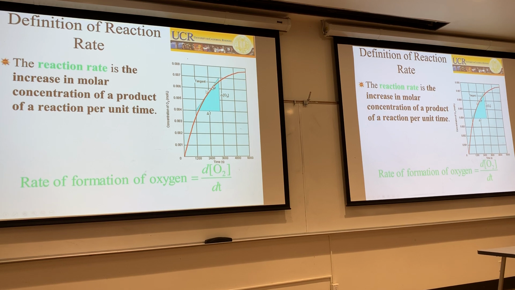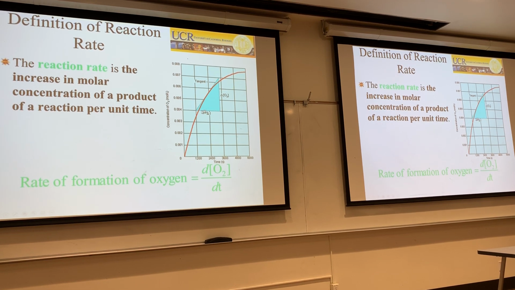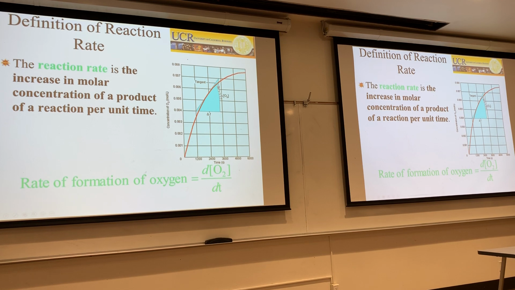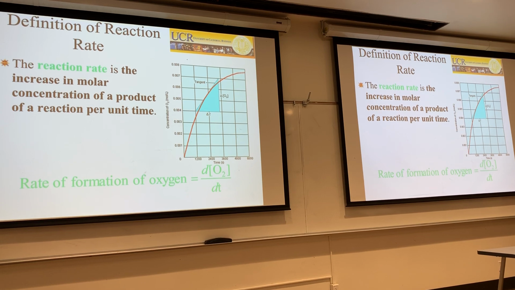I can look at the slope mathematically by taking the first derivative, or I can look at the slope practically by measuring, over a certain time span, how much the concentration of oxygen changes. I will not get exactly the same numbers from the two, but you can imagine how the first derivative is a good approximation to what I try to measure experimentally, by taking a certain amount of time and seeing how much it changes over that time.